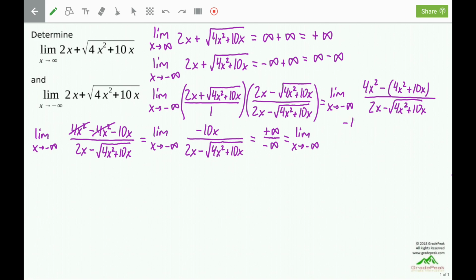This will give a numerator of negative 10x divided by negative x, and the denominator of 2x divided by negative x minus the entire square root, 4x squared plus 10x divided by negative x.